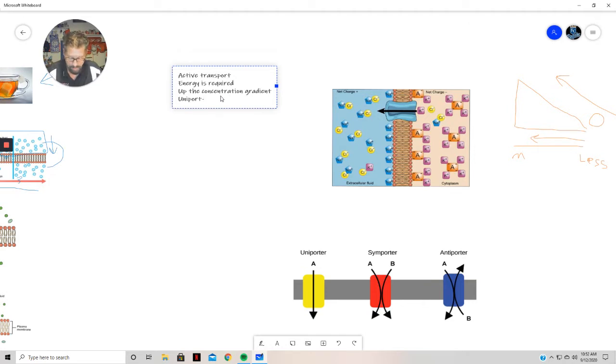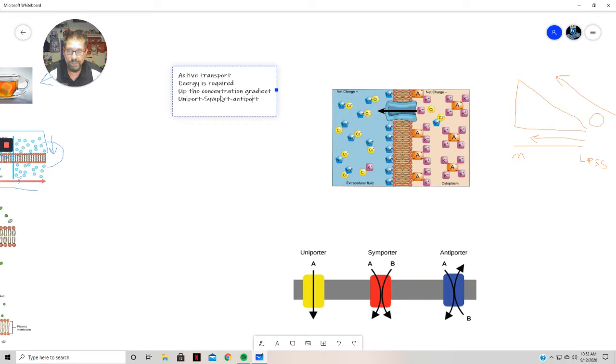Uniport, symport, and antiport. I'll talk about that later. Those are the three types.